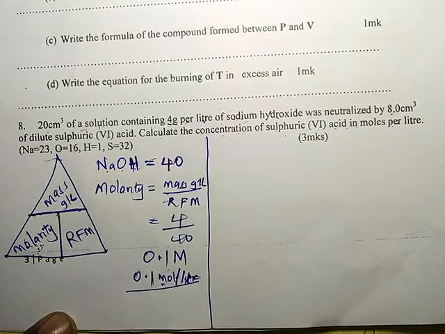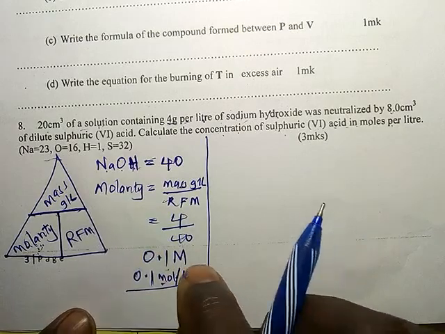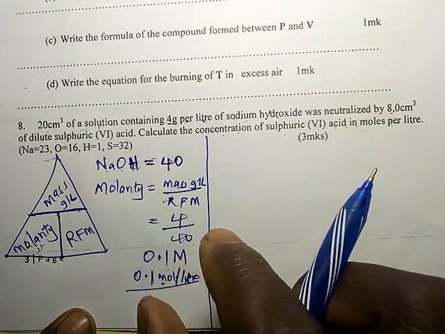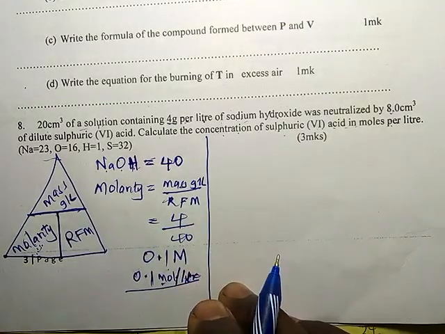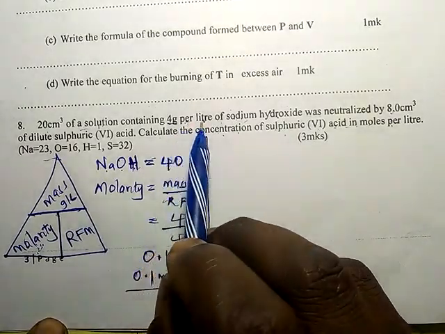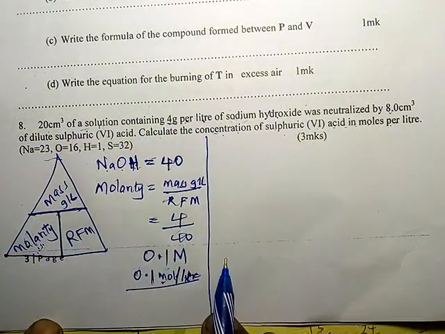That is what we call molarity, or concentration in moles per liter. Now that we have the molarity, let us see the relationship. You must write the equation so that you can check the mole ratio. But before that, let us find the number of moles of sodium hydroxide that reacted with the sulfuric acid.